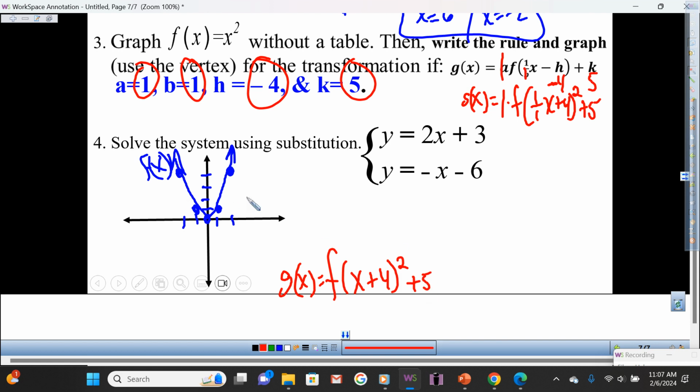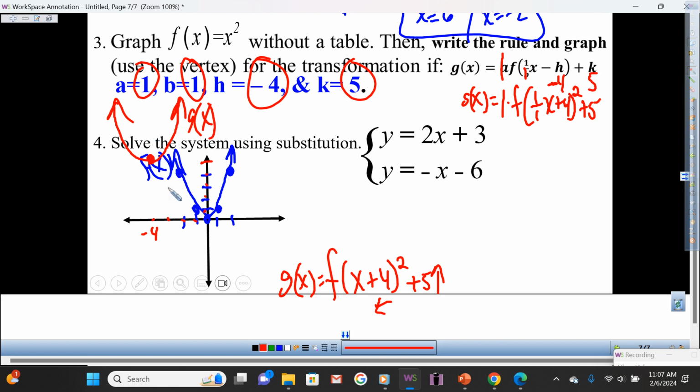So where are we going to move all these points to? Danny? 4 left and 5 up. So 4 left, 1, 2, 3, 4, and 5 up, 1, 2, 3, 4, 5. So my new transformed function should be up here. Now notice that I didn't move all the points, but I'm giving you where it's going to be.